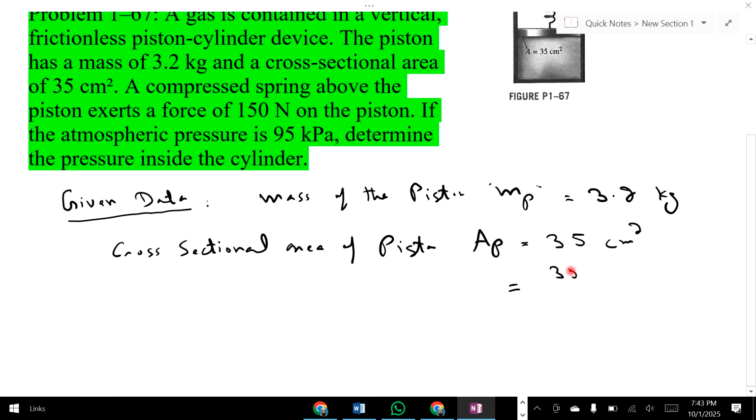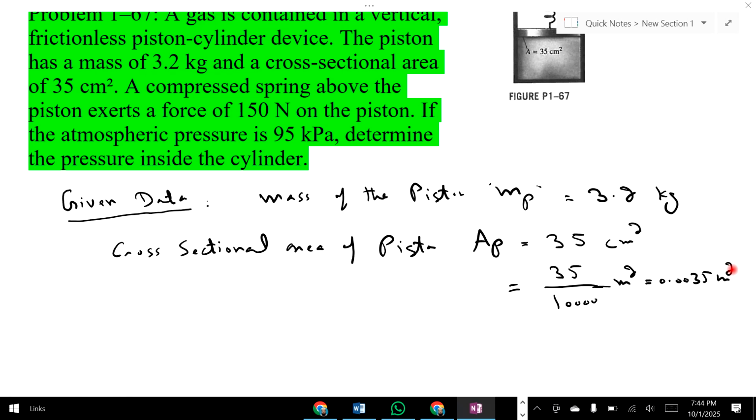So divide by 10 power 4, 10,000, because when I convert centimeter into meter, I divide by 100. In case of square centimeter I will divide by 100 square, and 100 square is 10,000, so the area is equal to 0.0035 square meter.